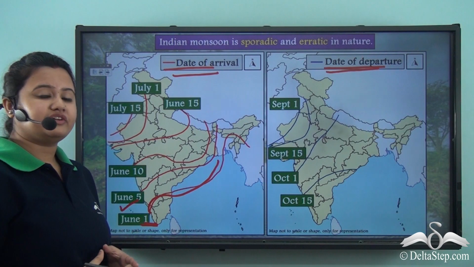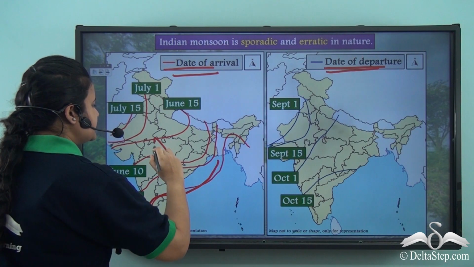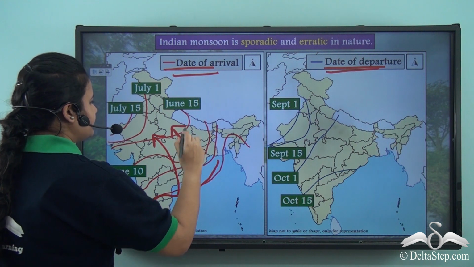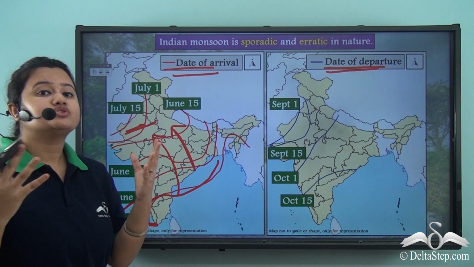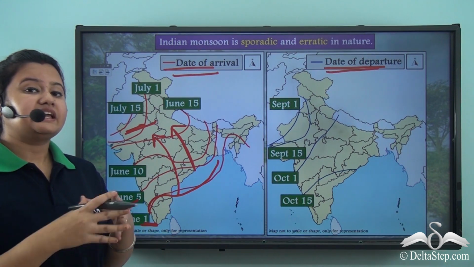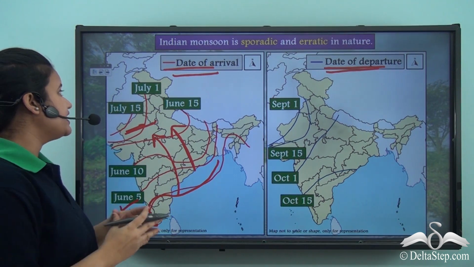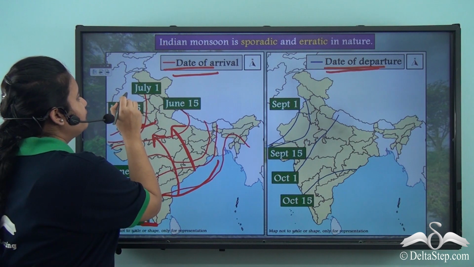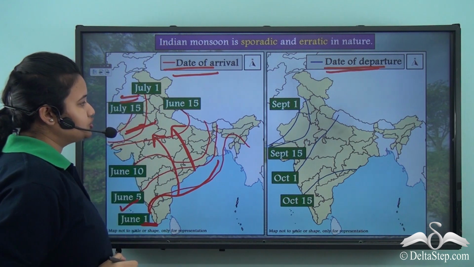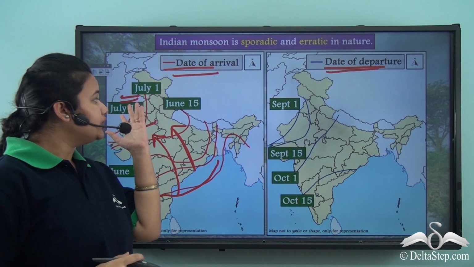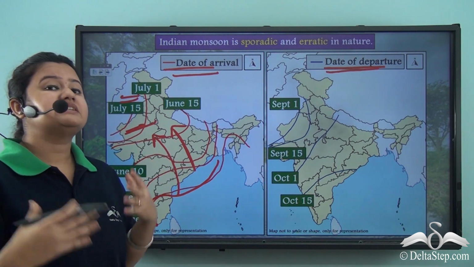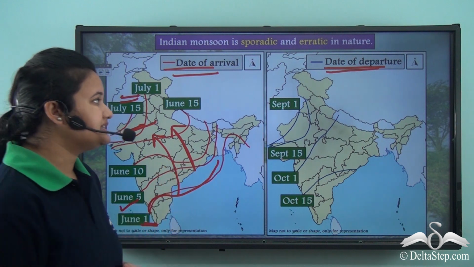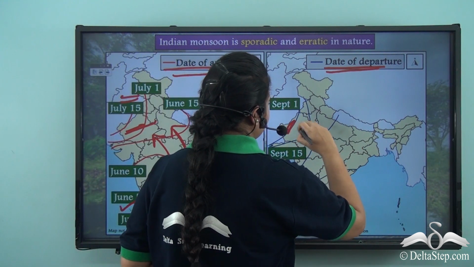Then the monsoon winds gradually proceed towards the northern plains. The northwestern part of the country is the last to receive the monsoon winds. It receives these winds at around midweek of July. Now, although the northwestern part of the country is the last to receive rain, it is the first to witness departure or withdrawal of monsoon winds.